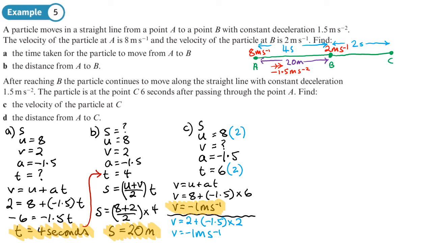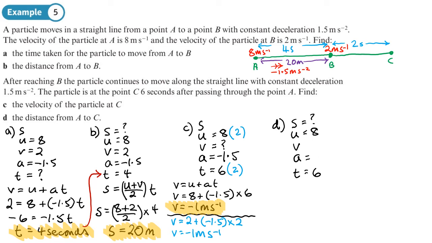And then the last bit here, part D, the distance from A to C. So SUVAT again, trying to find S this time. So I'm going to use U as the 8, the T as the 6, and the A as the negative 1.5.